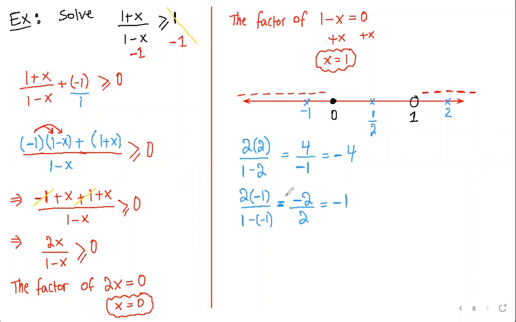Plug it in. 2 times 1/2 over 1 minus 1/2. 2 times 1/2 is 1. 1 minus 1/2 is 1/2. 1 over 1/2 is 2.